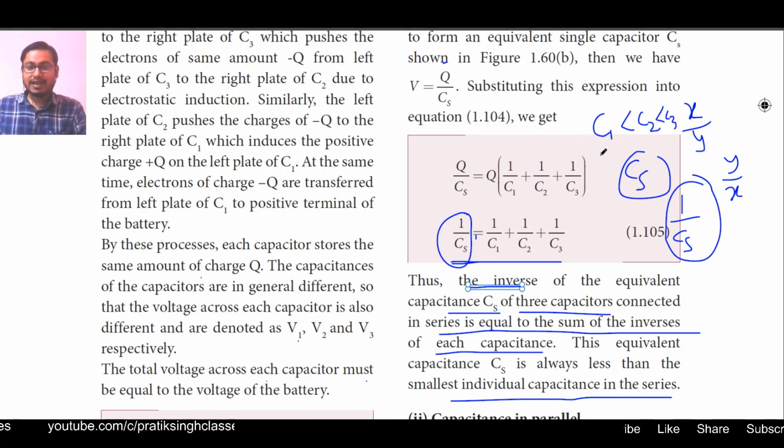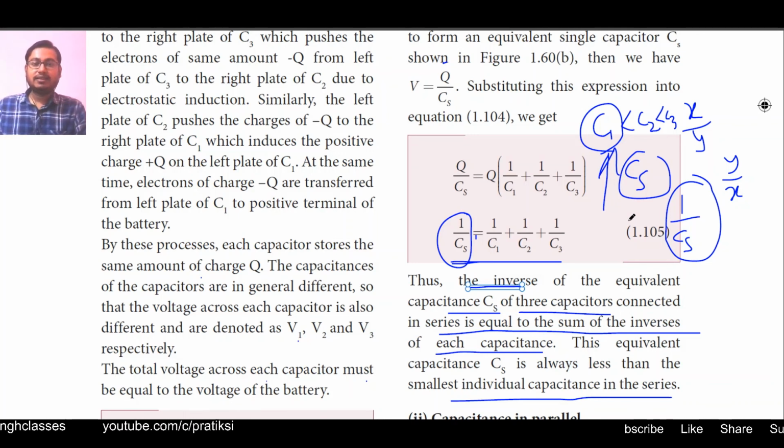In that situation, the equivalent capacitance CS will always be smaller than C1 also. That means whenever capacitors are connected in series, the capacitance decreases so much that it becomes lesser than the smallest capacitance available in the series of capacitors. So this is how we find the capacitance of capacitors in series connection.